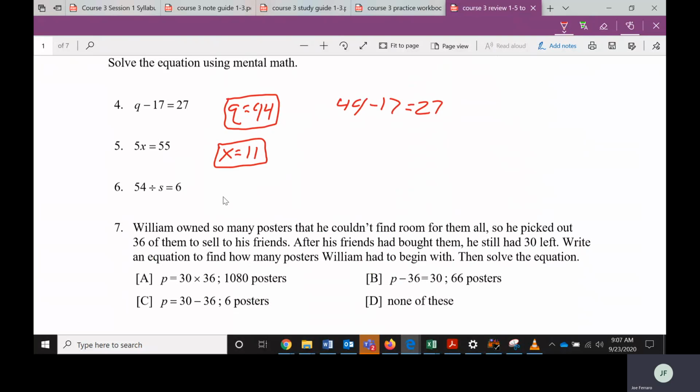Here, 54 divided by something is 6, and there's no multiple choice here. Some of you are going to know this right away, and some of you may have to do some guess and check, but the answer here would be 9. 54 divided by 9 equals 6.